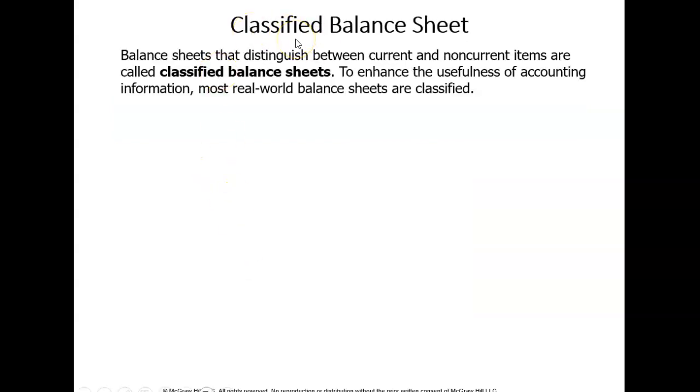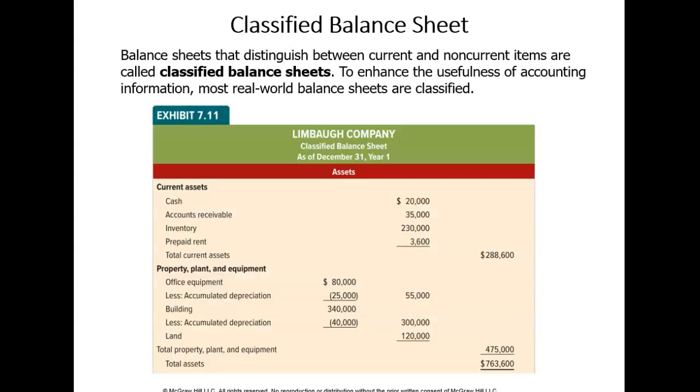On what we call a classified balance sheet, the word classified means categories. The assets are broken down between current and non-current. The liabilities are broken down between current liabilities and non-current liabilities. So here we have a sample classified balance sheet.